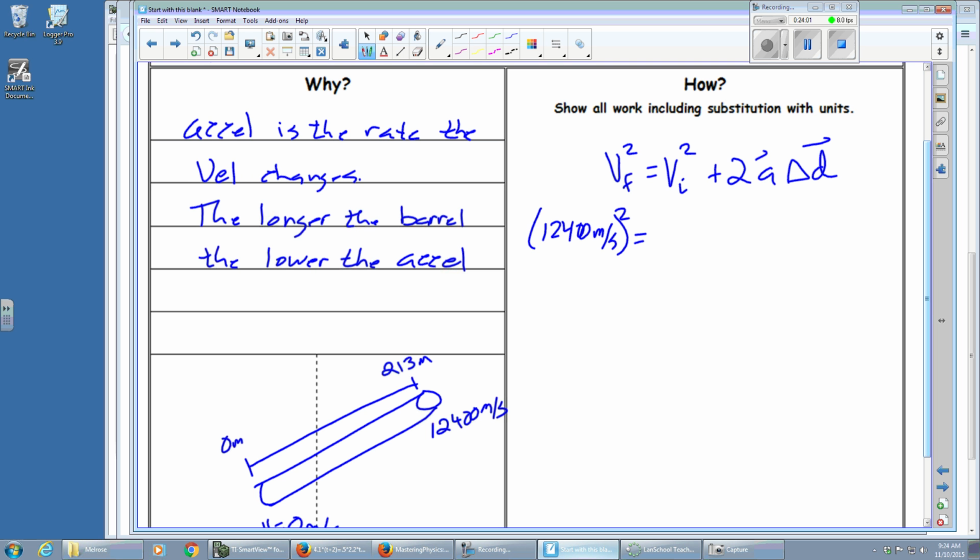My initial velocity was 0. 2, I don't know what A is, so I'm just going to leave that as A. And my delta D is D final minus D initial, so 213 meters minus 0 squared. And then I'm just going to solve for A, right?